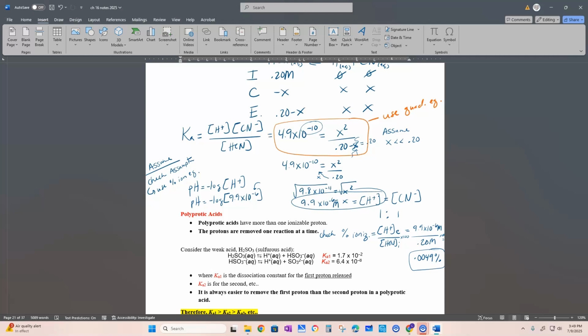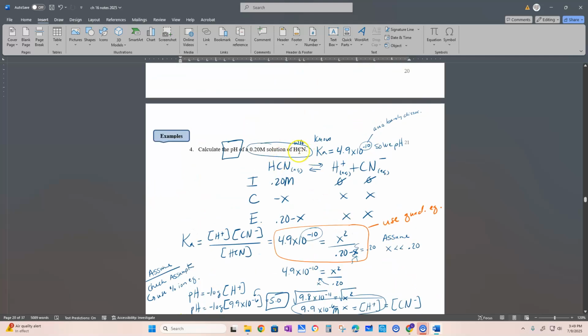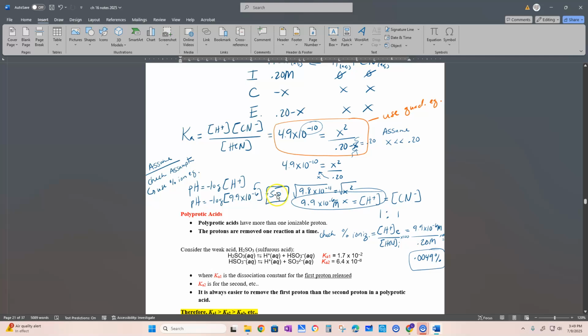So negative log of 9.9 E negative 6, and to 2 sig figs, 5.0. There's my pH. Now remember, what did I start with? I started with a weak acid. My pH better be less than 7 because it's an acid, and it was a weak acid, so it wasn't a low pH.